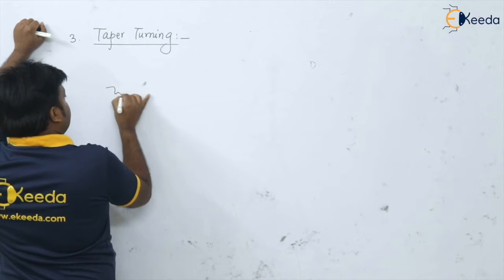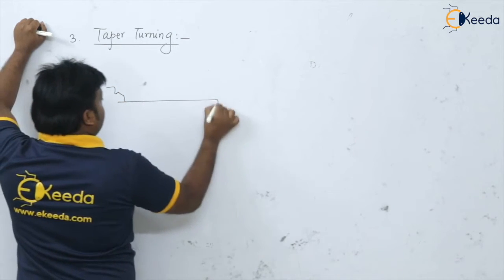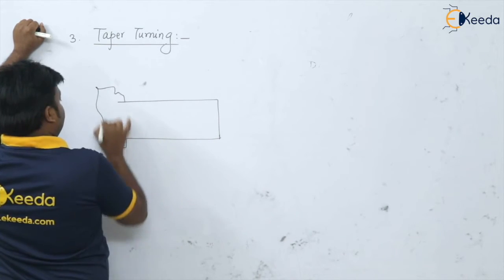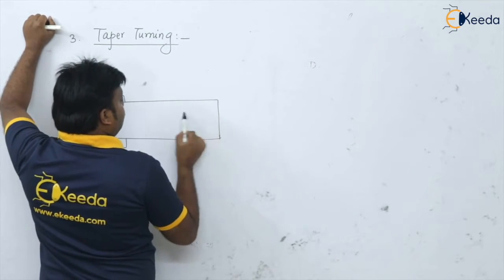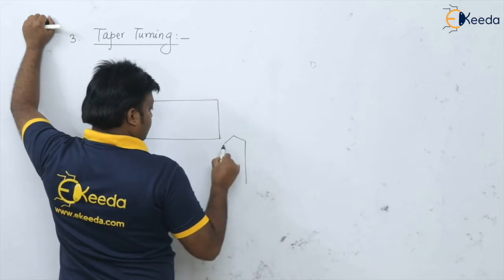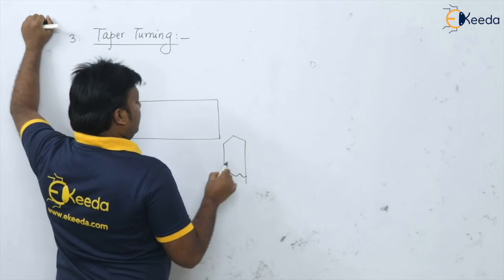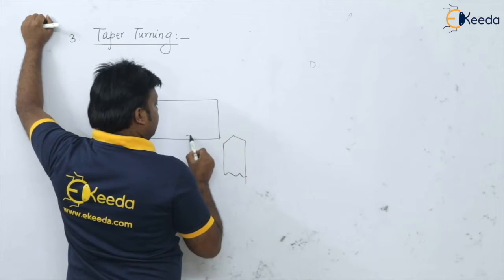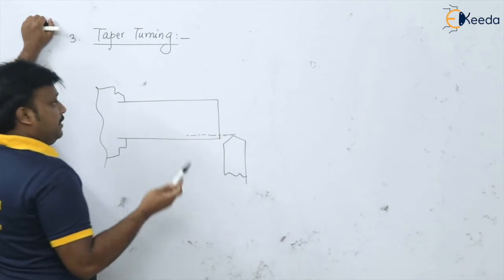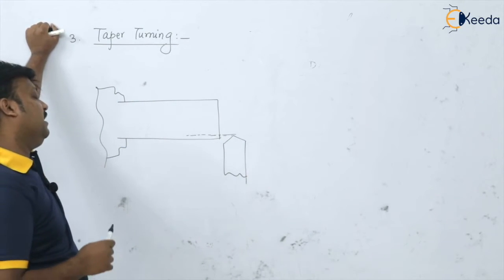Let us say we have this cylindrical workpiece, and this is the tool, and this is the depth of cut taken for the taper turning operation. We need a number of cuts.